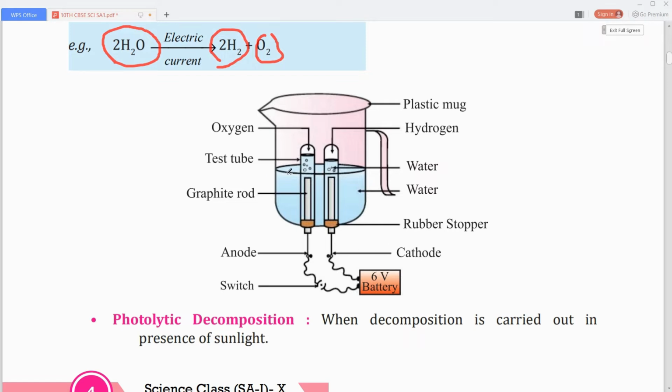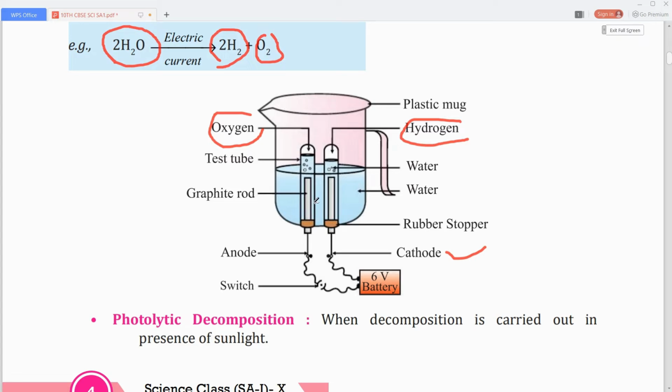When water is put inside the beaker and a 6-volt battery is connected, here it is a key. If the circuit is closed, then the reaction starts and oxygen gas is released at the anode and hydrogen gas is released at the cathode.